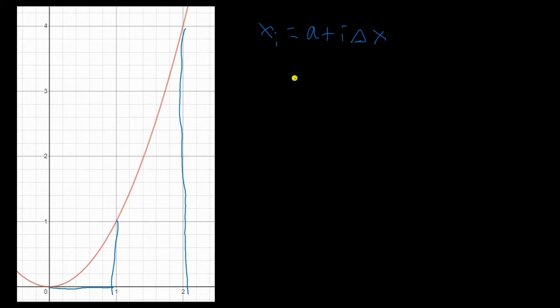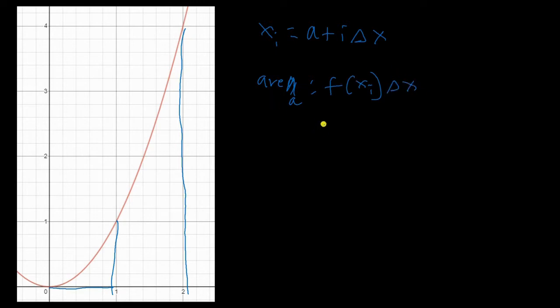And then the area for each rectangle is going to be f of that ith point, which is the height, times the base, which is delta x.